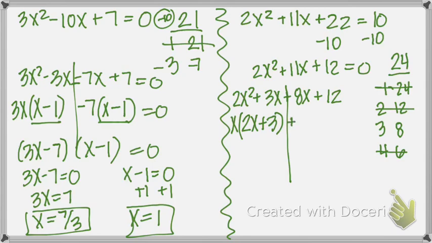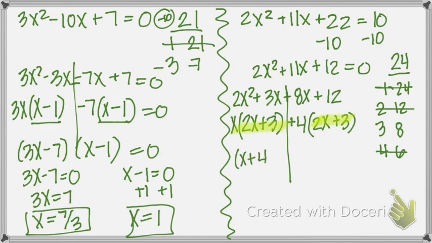What's the GCF of 8x and 12? 4. 4 times what is going to give you 8x? 2x. 4 times what is going to give you 12? 3. So again, the middle terms match, so we know we've done that right. And now we rewrite.